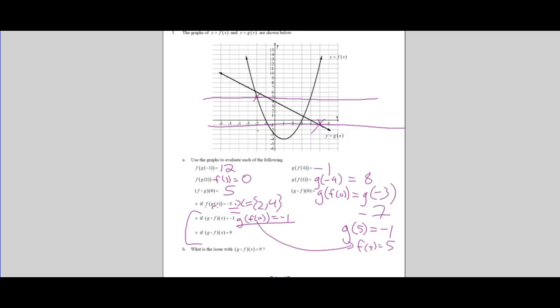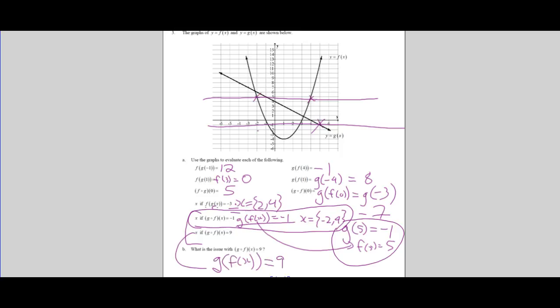So that's negative 2 and positive 4. Okay, so that's for this one. And this is the associated work that goes along with it. Okay, g of what? 9.